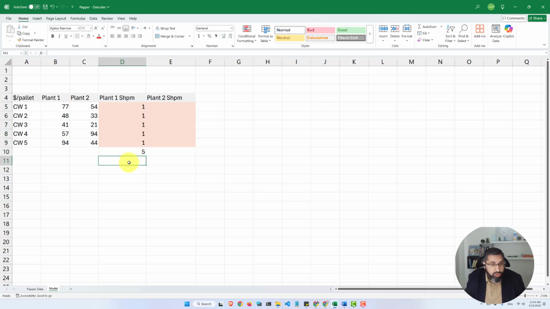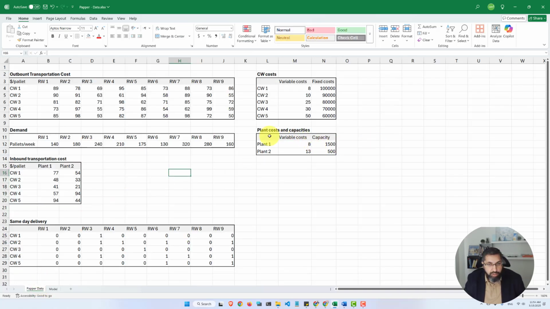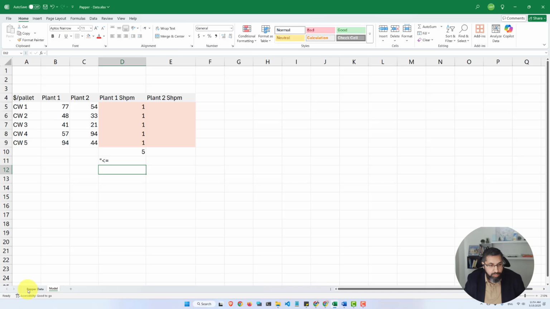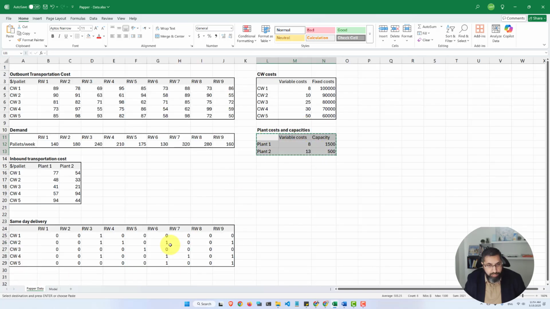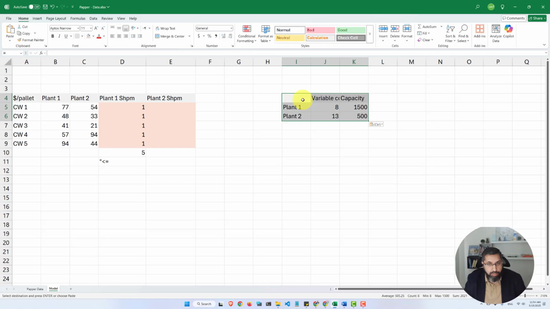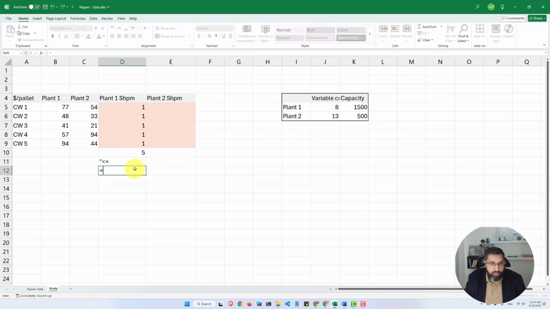And this, I'm going to use quotes, because if you don't use quotes and you put less than or equal to, it becomes like a formula and it gives you an error. So the total shipped from plant 1 has to be less than the plant 1 capacity, which is also given here. So I'll copy this and say this has to be less than or equal to this cell, 1500.